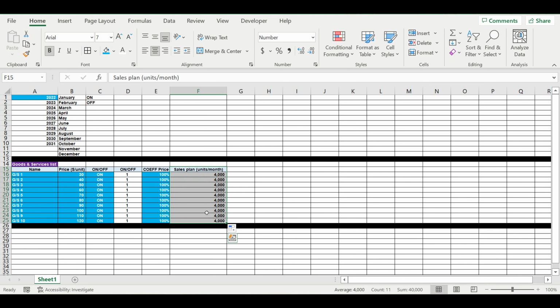We will displace it a little bit to the right.